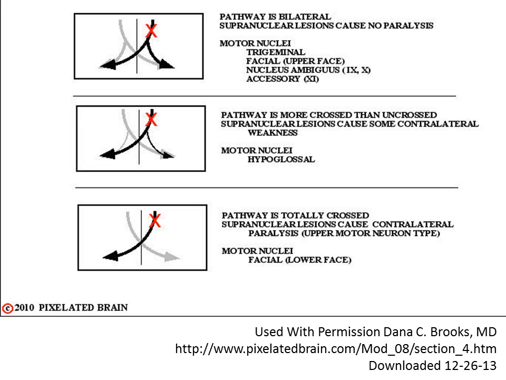Because of this, if I have damage to one of those tracts, the one coming from the left cerebral hemisphere, that's going to cause paralysis of the lower face on the right side because those lower motor neurons no longer have upper motor neuron innervation. That is identical to what happens with our spinal nerves with damage to the lateral corticospinal tract.